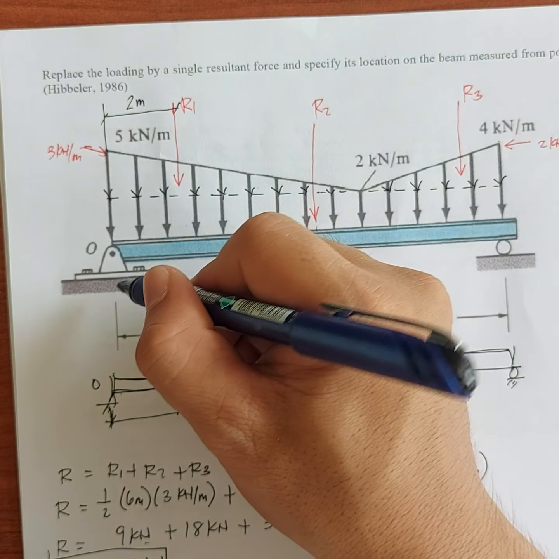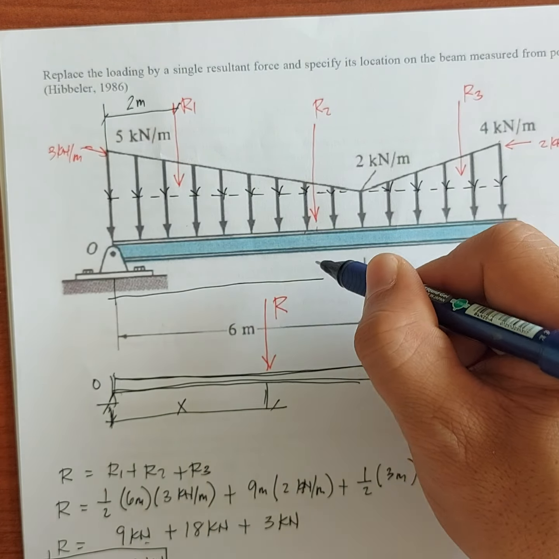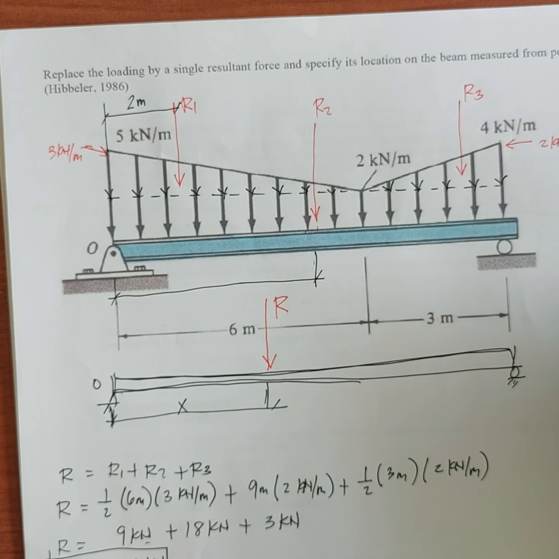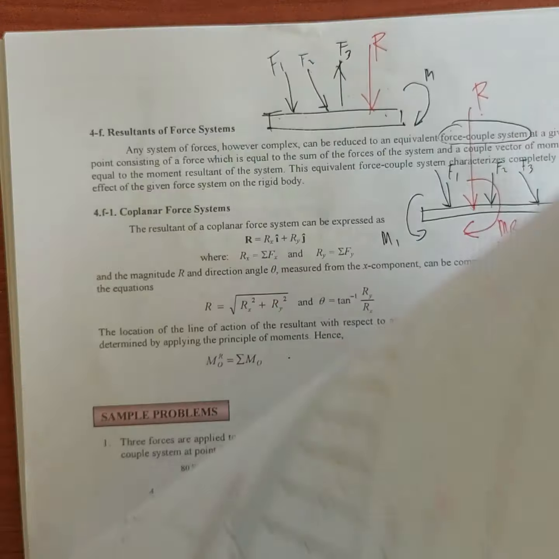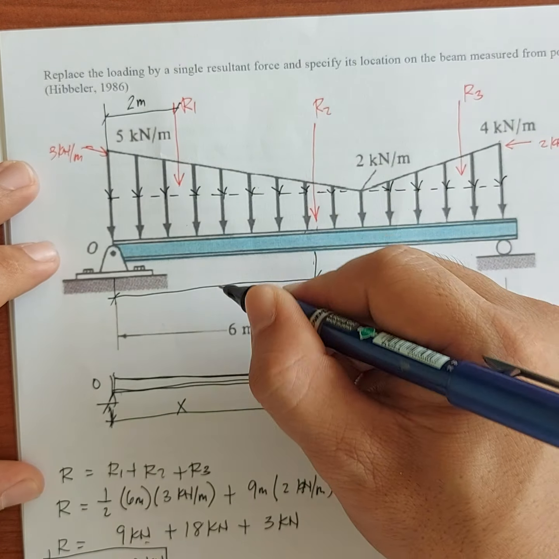Okay. For R2, this distance: half of 6 plus 3, 9 divided by 2 is 4.5.